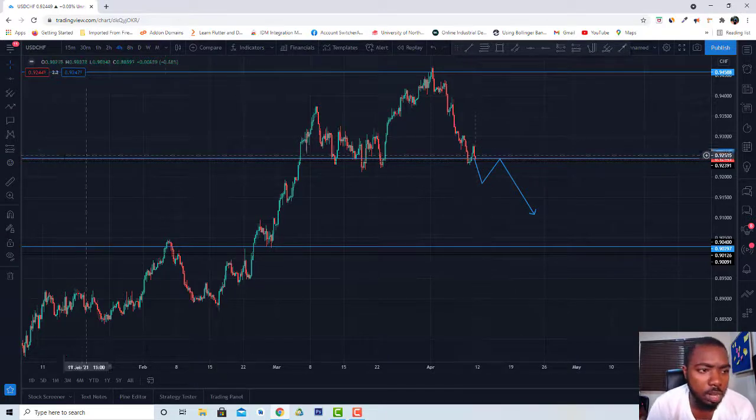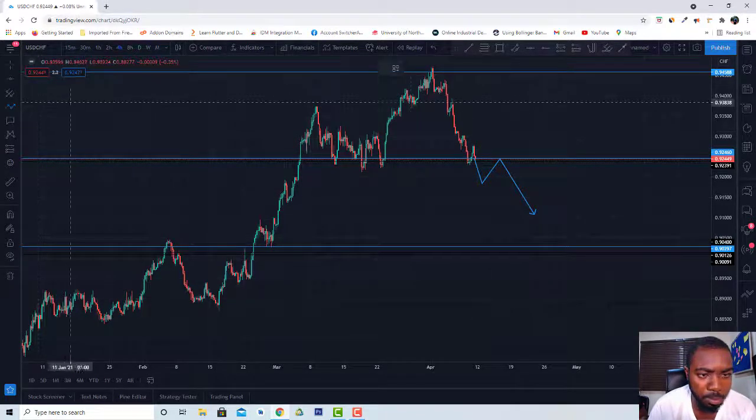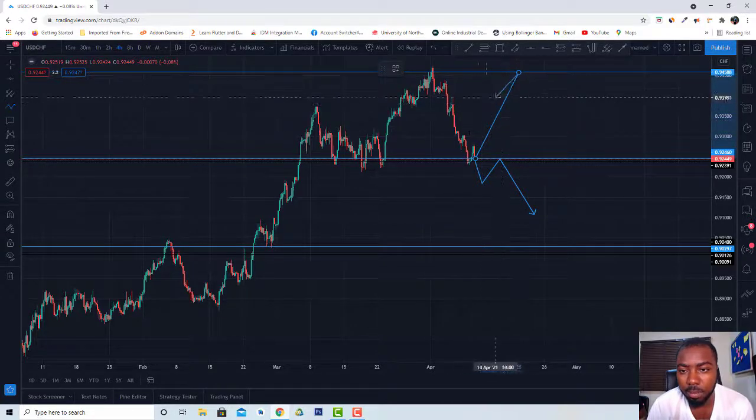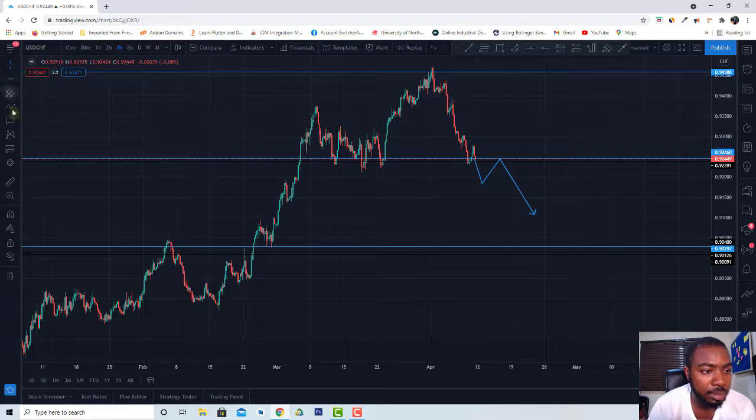What of a scenario where the market doesn't break the support line? What do we expect? We expect the market to push all the way up. Now, for my judgment, I know that this market has a 90% chance of going upward.